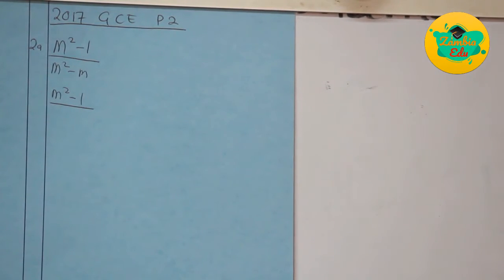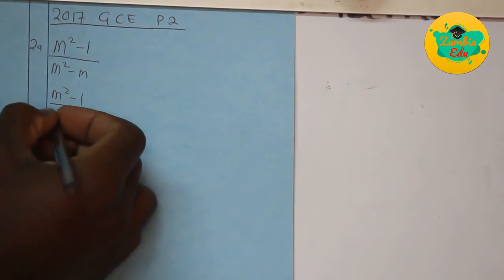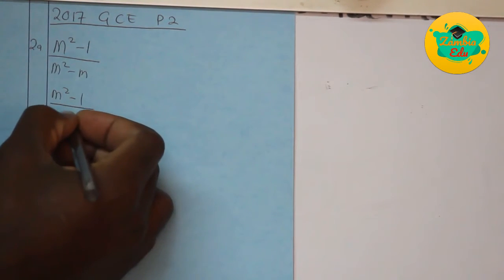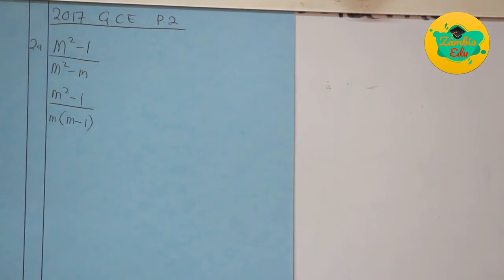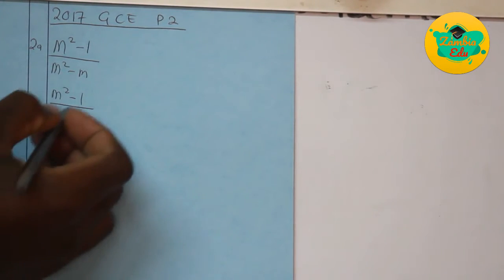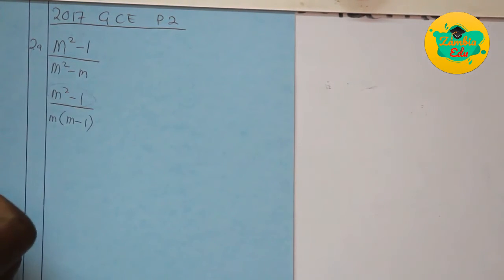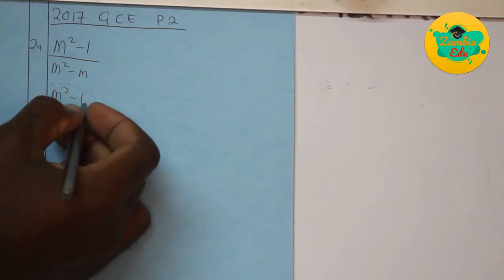We quickly notice that m is common. So we factorize, or we factor out the m, which is common. So you have m over m minus 1. So the one on top now, on our third step, we come back to this one, and what we notice is that this is a difference of two squares.